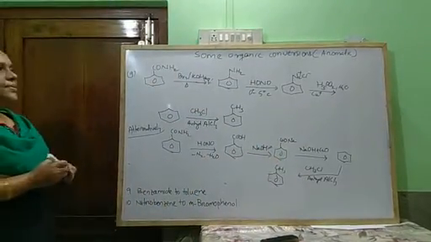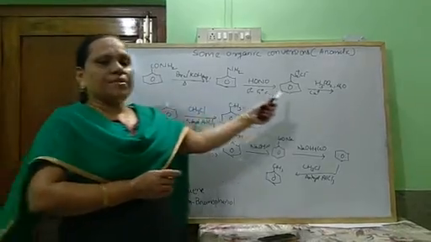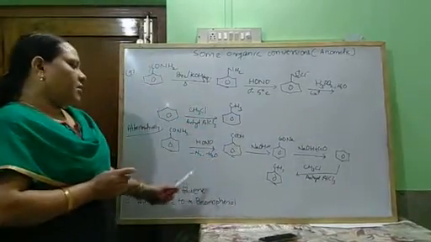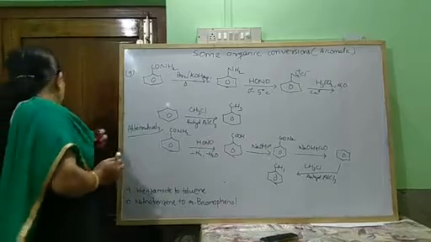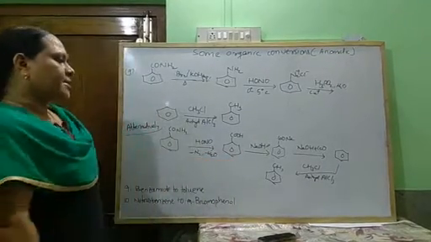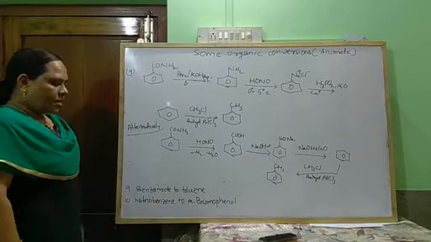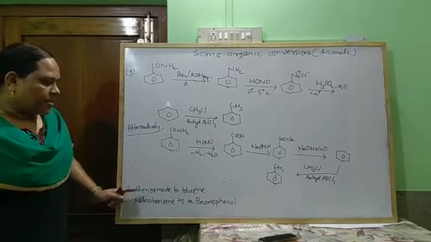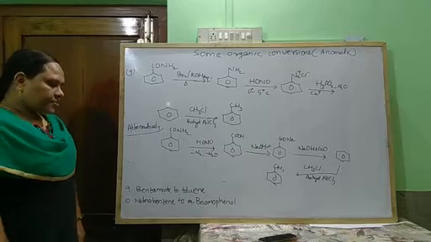Either you go through the benzene diazonium chloride intermediate step or through the carboxylic acid intermediate step. Okay. So this is benzamide to toluene.